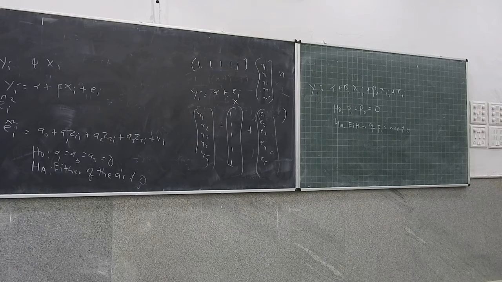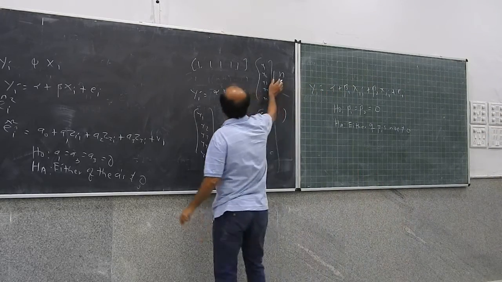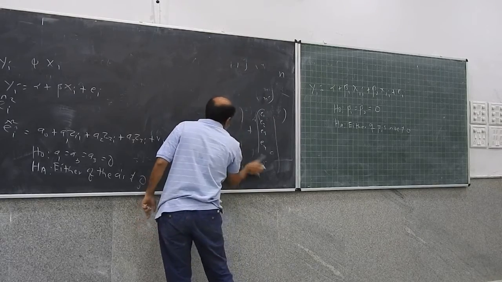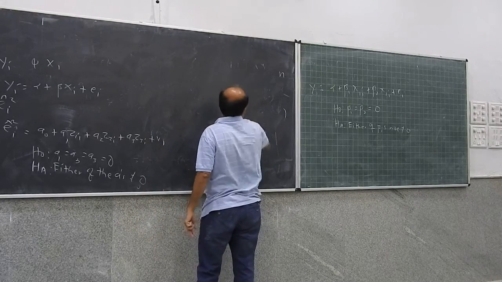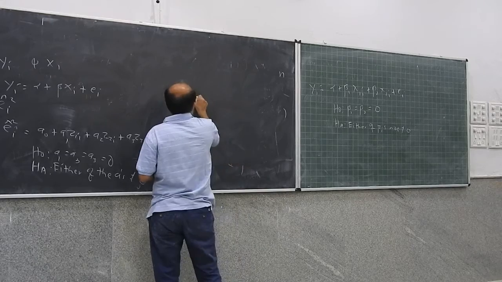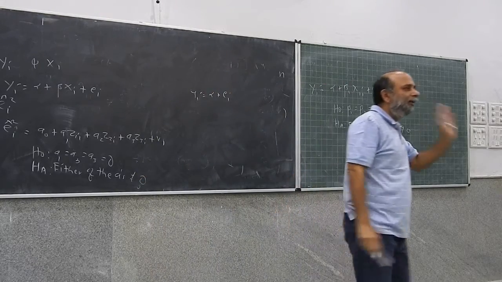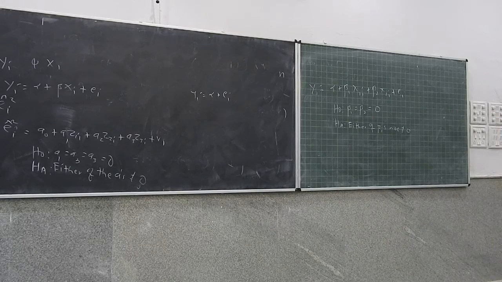So what is summation y upon n? y bar. Right? So what we are saying in this kind of model is that y_i is equal to alpha plus e_i. I am saying the conditional mean of y doesn't depend upon x. Each value of y is the mean of y plus or minus some random error. It doesn't depend upon x.